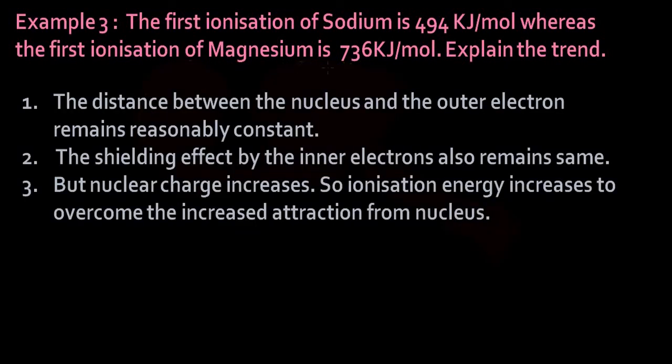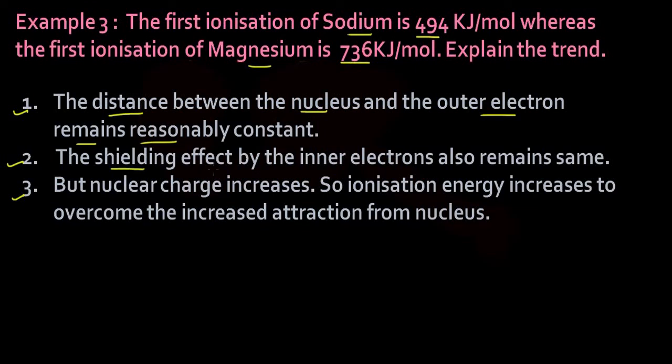So we can explain this trend of the increase in the ionization energy along the period with the help of these 3 points: the distance between the nucleus and the outer electrons remains the same for both sodium and magnesium because they lie in the same period.